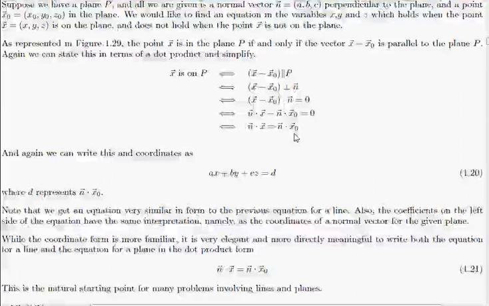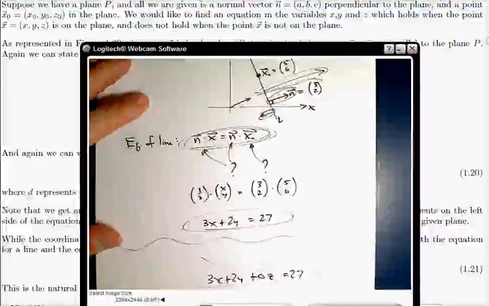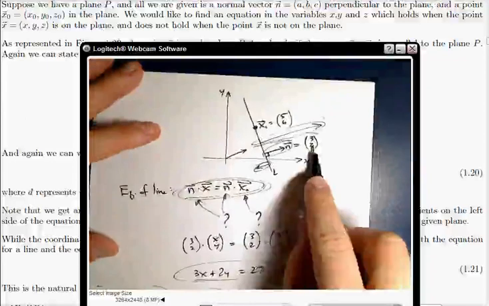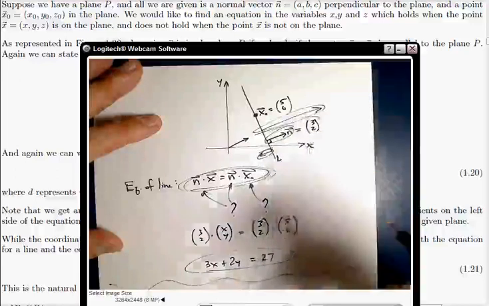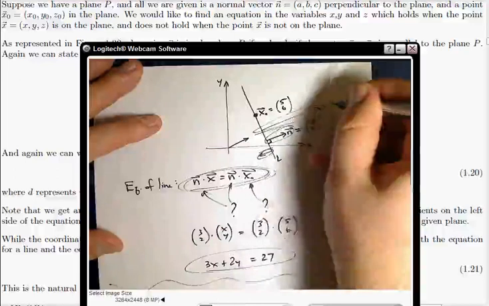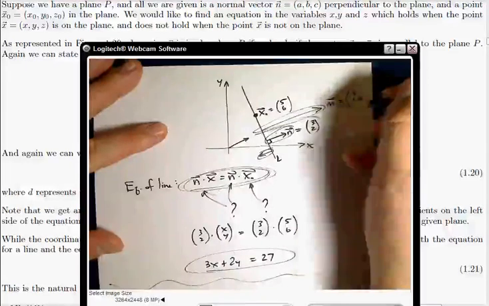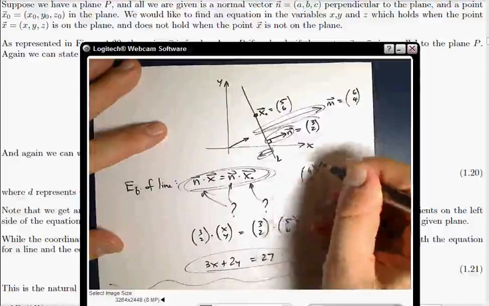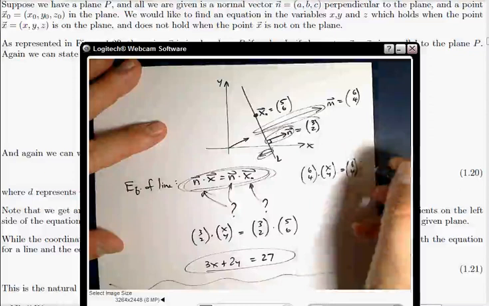Let me relate this back to what we were doing here on the recording. You're right that we could have chosen different normal vectors. I chose 3, 2 because I'm given that vector is perpendicular to the line. But I could instead have chosen, let's say, n is 6, 4, and written down 6, 4 dot xy equals 6, 4 dot 5, 6.